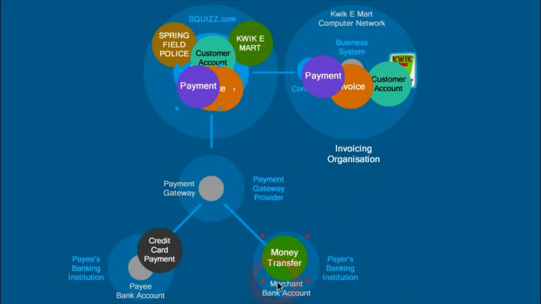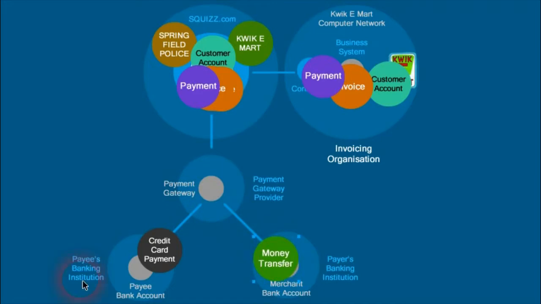And a merchant bank account allows that organization to receive credit card payments and other online payments. And this is not unique to Squizz, this is for any kind of business that wants to receive credit card payments. And also note, for this transaction to occur, the payment gateway provider typically charges costs in order to facilitate the money transfer between the payer's bank account and the merchant bank account.